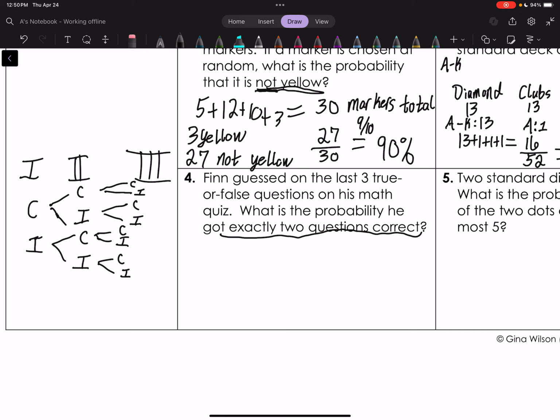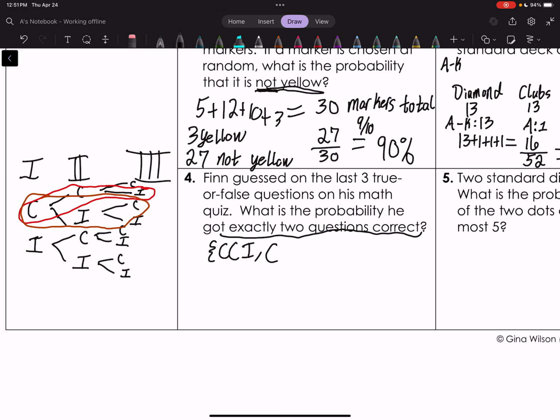So, follow the chart. You can have two corrects and then get the last one wrong. So, that possibility would be correct, correct, and then incorrect. Or he could have started correctly, got the next one wrong, and got the final one correct.